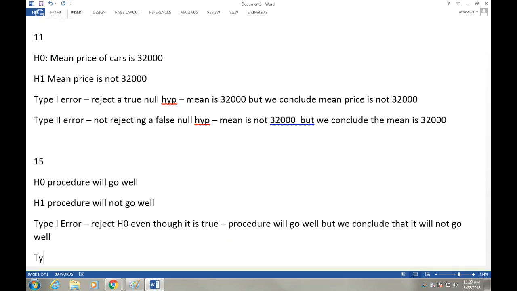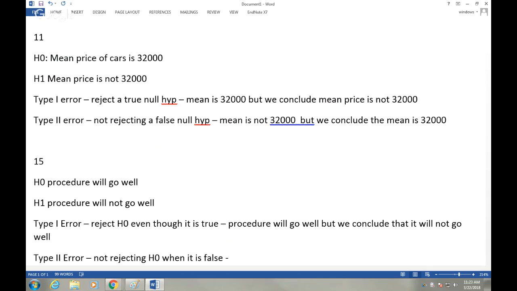Type 2 error. So I think about, okay, what is the definition of a type 2 error again? Oh, it is not rejecting when it is false. Okay, so let's think of the reality.